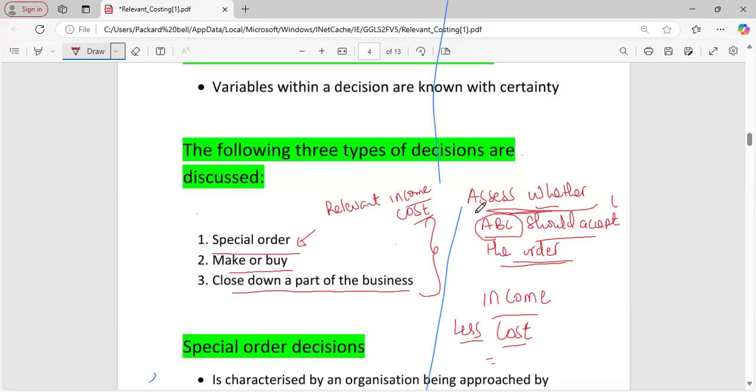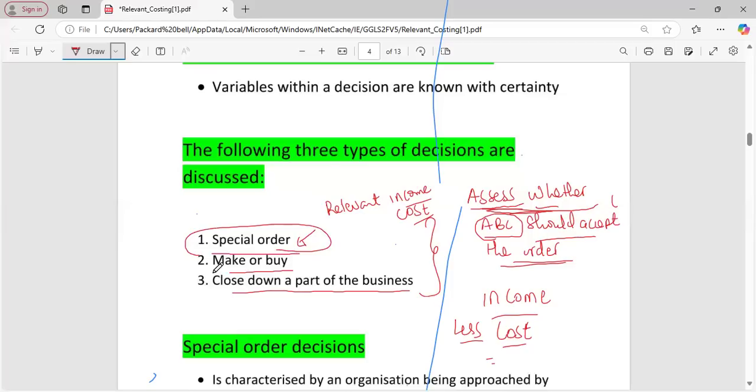Unless a question says discuss, there's no calculation there. But if it says assess, you need to assess using your figures, to see if the special order is going to give a relevant revenue to the organization.